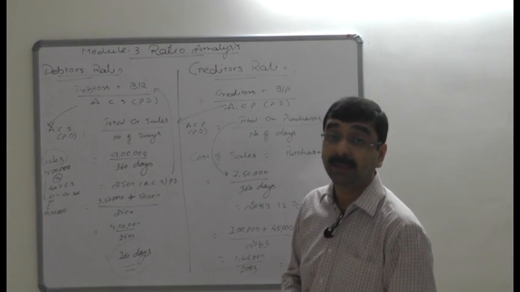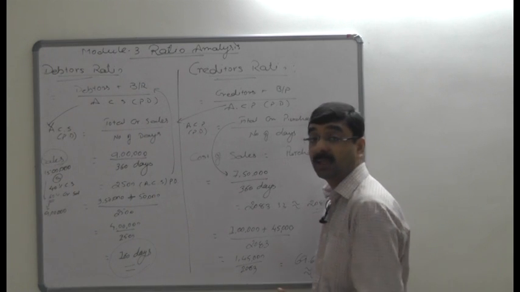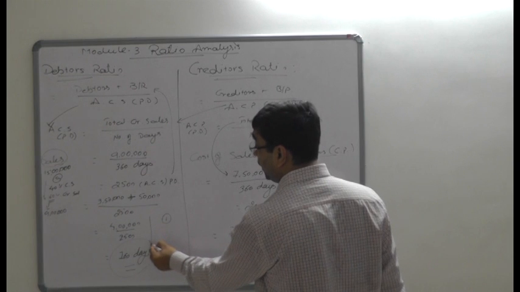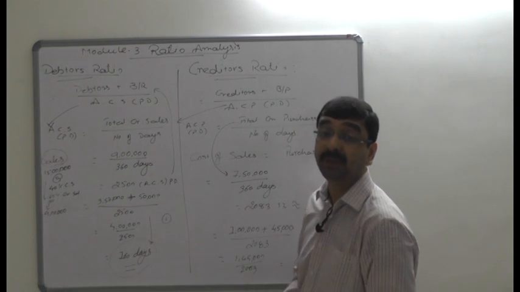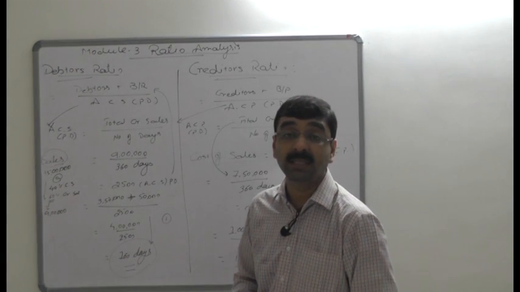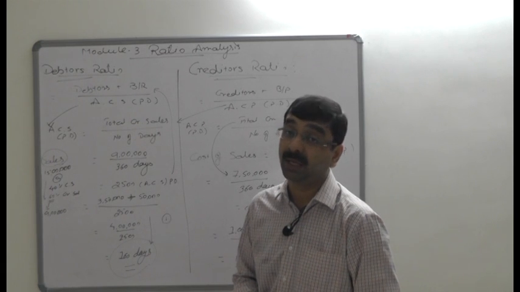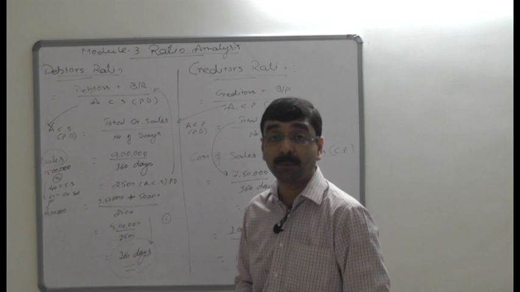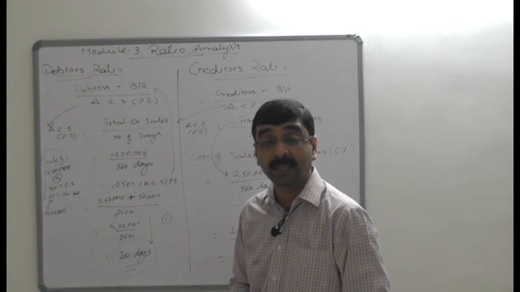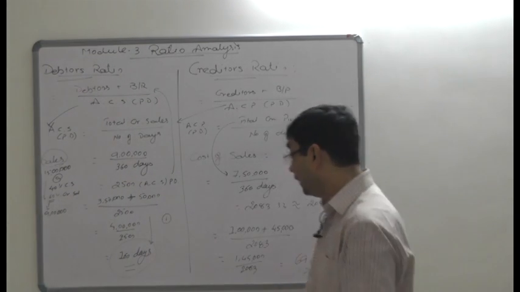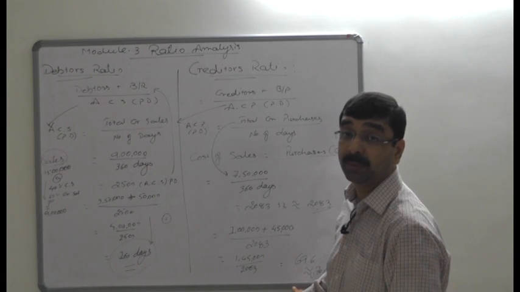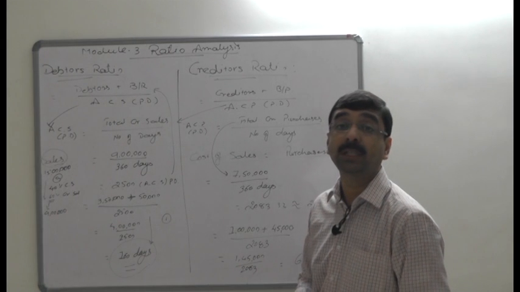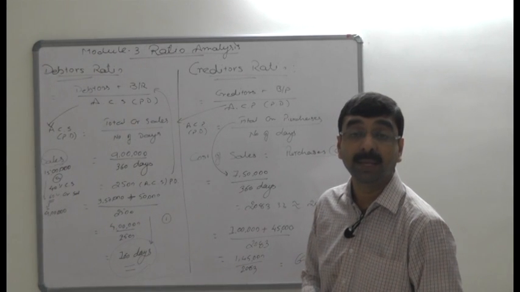So what decision can the company take from this analysis? Number one, they should reduce their debtors period, because 160 days is a very high period. If this is not possible, maybe because the product is rare or the market strategy is different, then they need to find suppliers who can offer more credit while the quality of material remains the same.